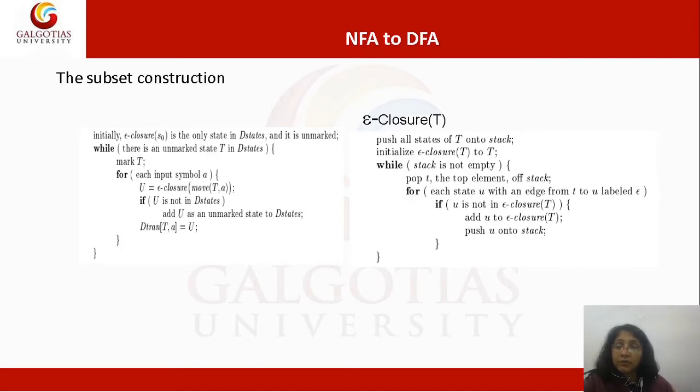And after that, we are going to use a for loop for each input symbol, because whatever input symbols were there for the NFA, the same will be used for the DFA, since both are going to be considered as equivalent machines accepting the same language.